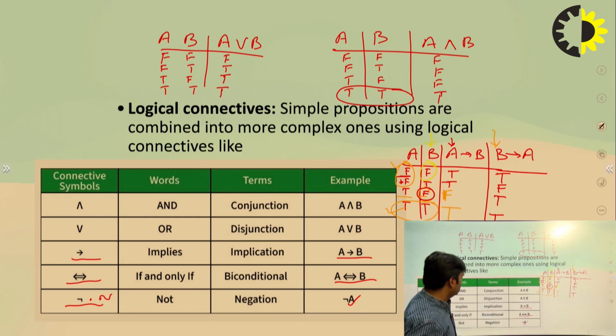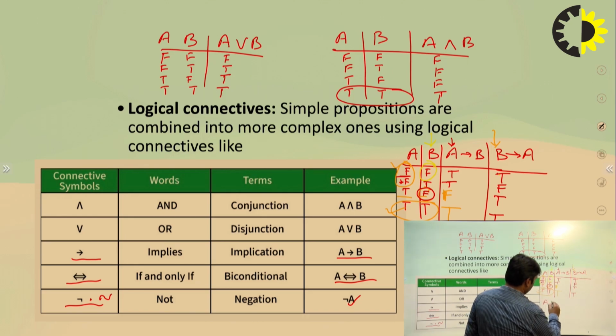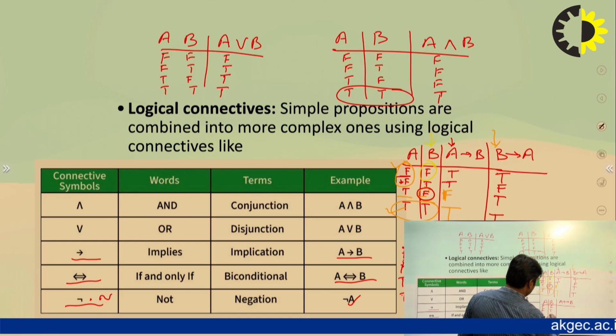So now we construct a table for biconditional. A, B, A biconditional B. If we take the values false, false, true, true, false, true, false, true.